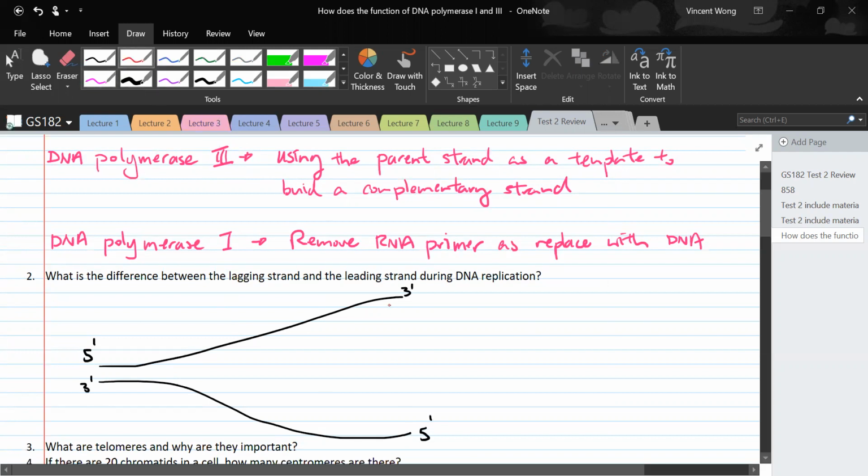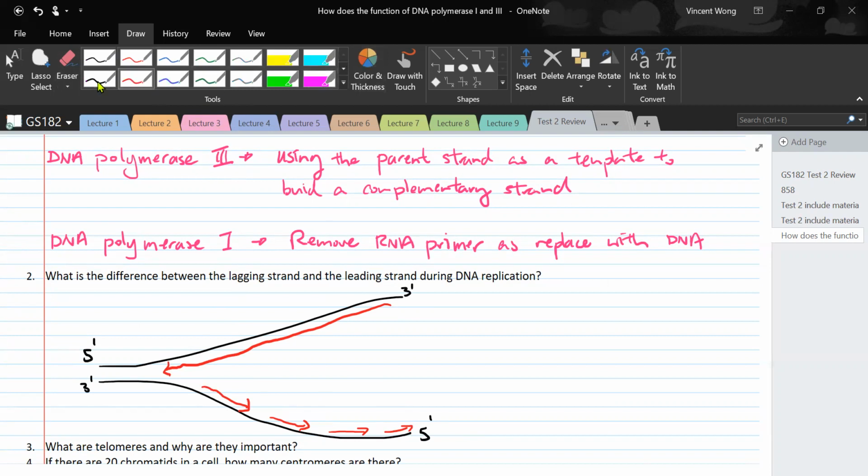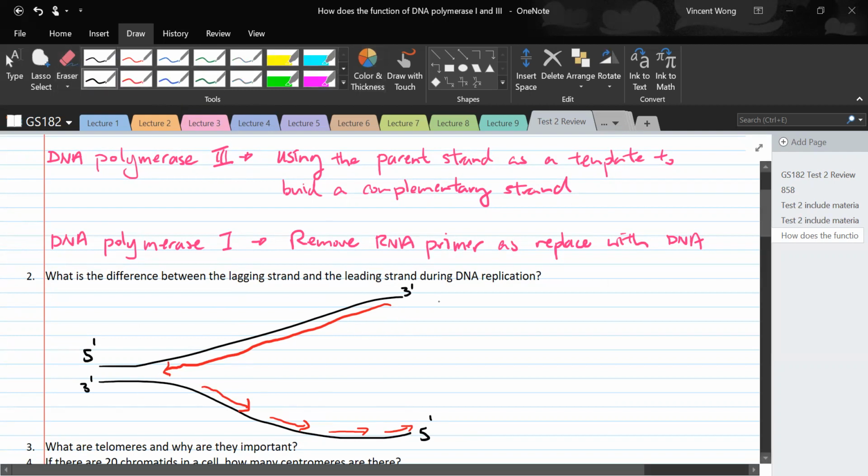One strand will be synthesized continuously into the fork, while the other strand is going to be synthesized in fragments, right? These Okazaki fragments. And it's going to be moving away from the fork.